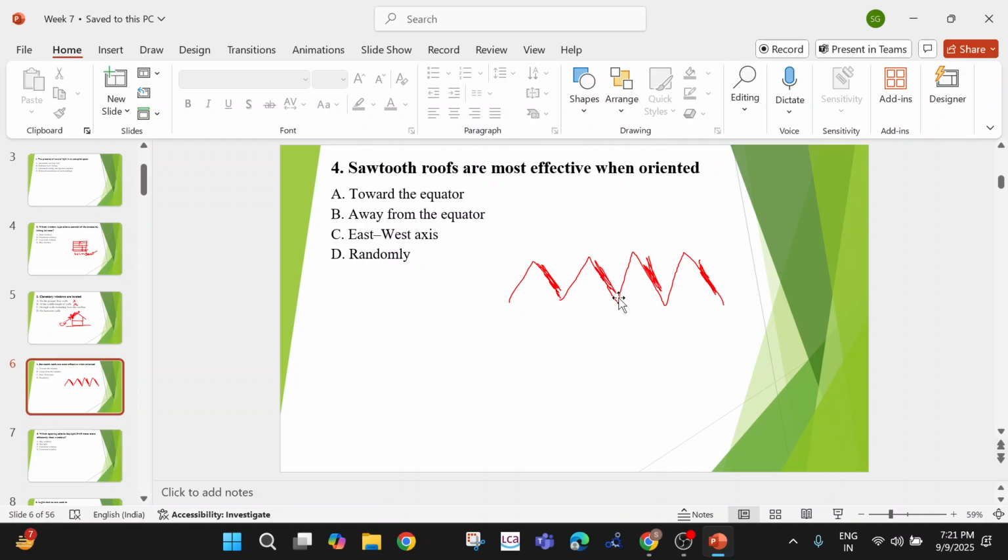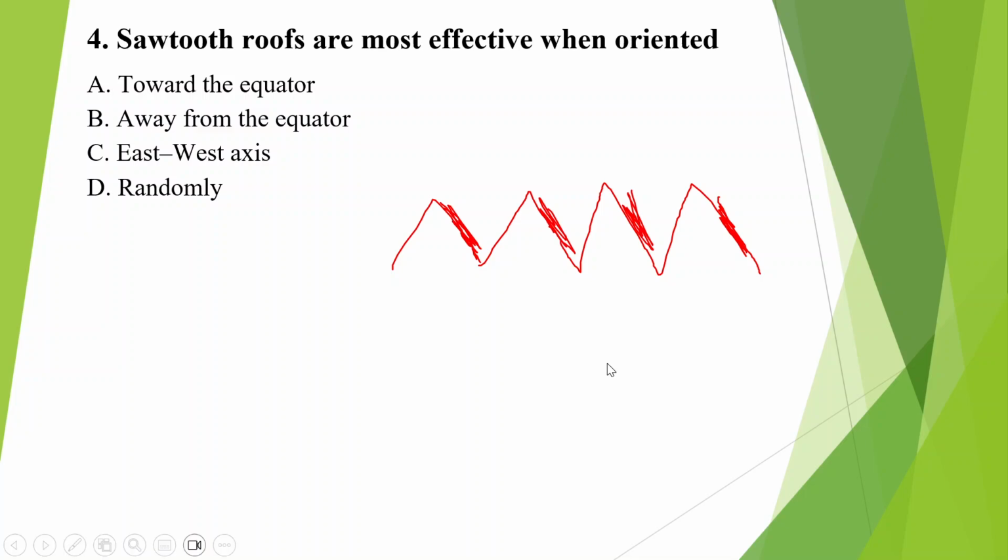As you can see, these are the steep glazed surfaces, and they are facing away from the equator. So if it is oriented away from the equator, then it will be admitting the diffused daylight and avoiding the direct sunlight, which will help you avoid excessive solar heat gain inside the building. So option B is the correct answer for this question number 4.